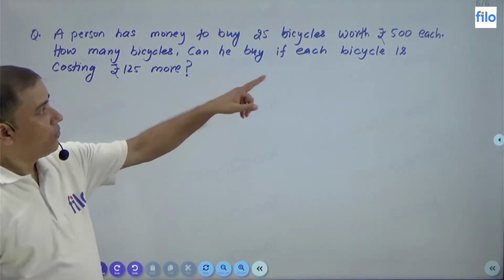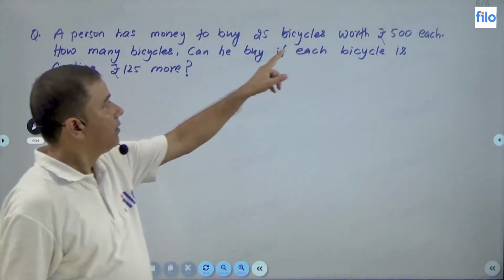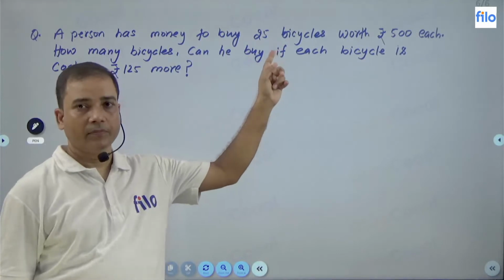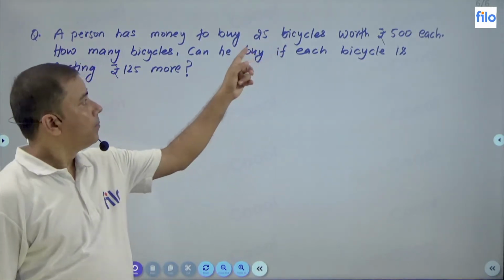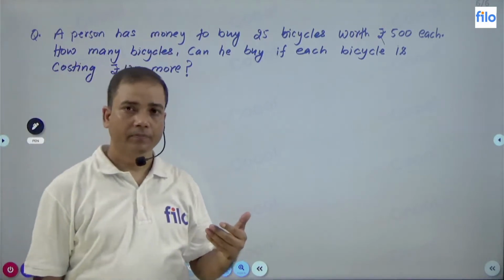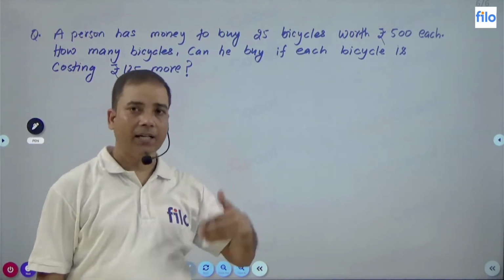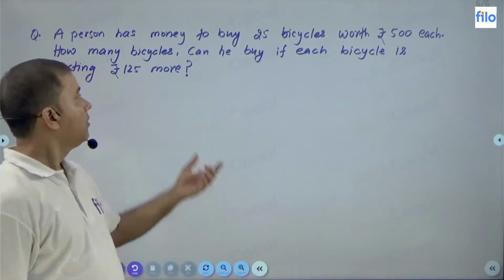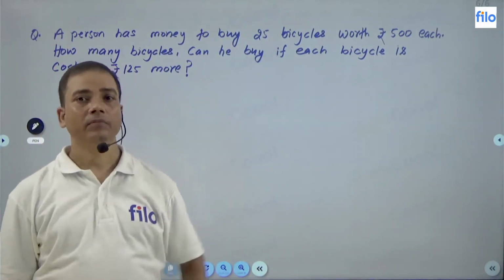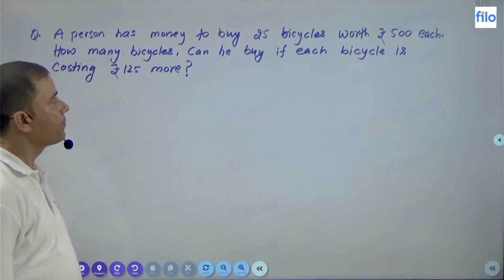When the cost of one bicycle was 500, he could buy 25 bicycles total. He has still the same amount of money, but the cost of one bicycle increased and became 625.